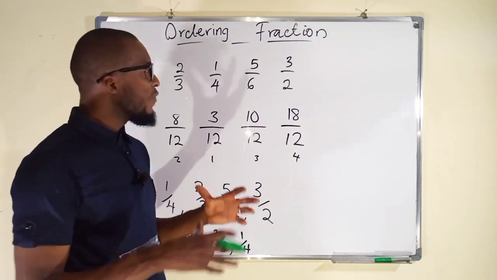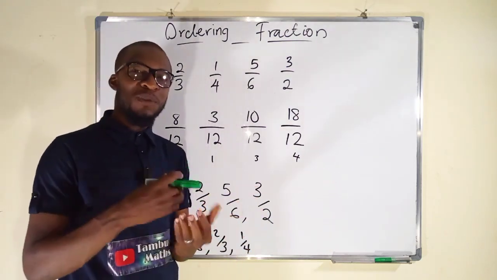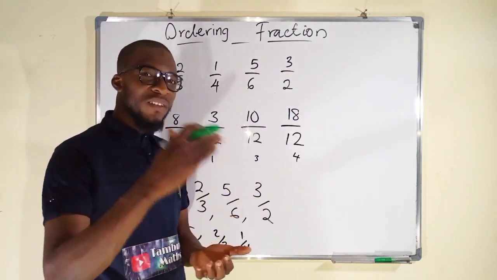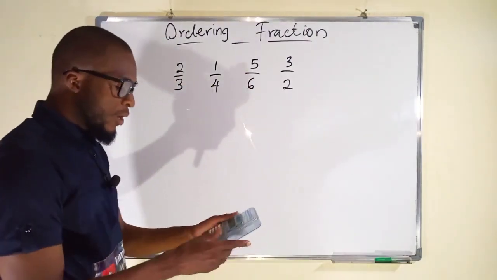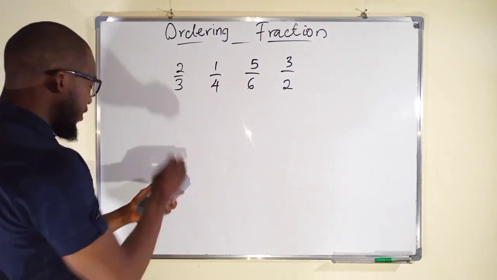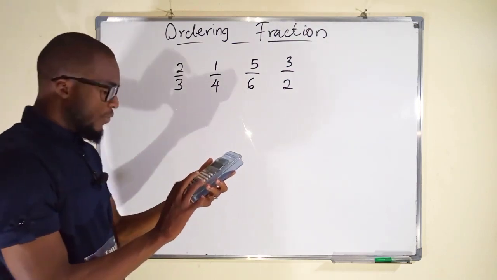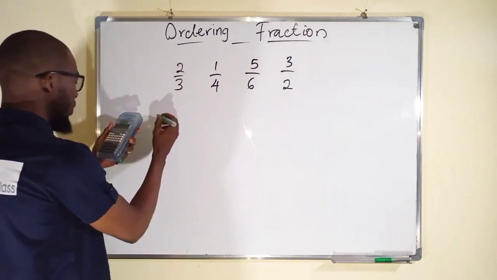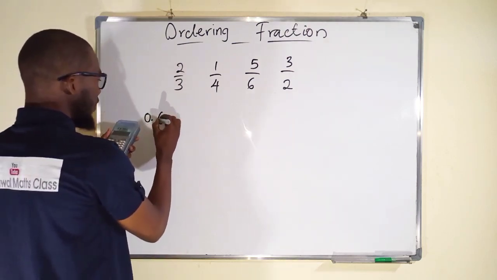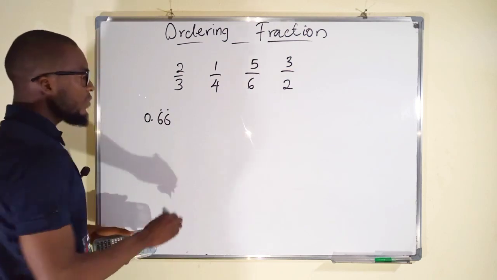Another way you can find this is to transform the numbers into their decimal form. You can directly grab your calculator and start dividing. We have 2 over 3, which is approximately 0.66 repeating.